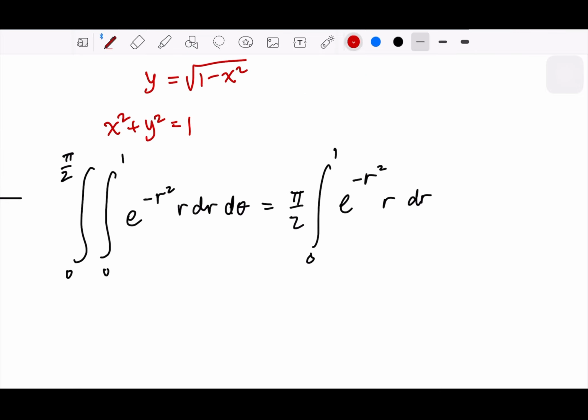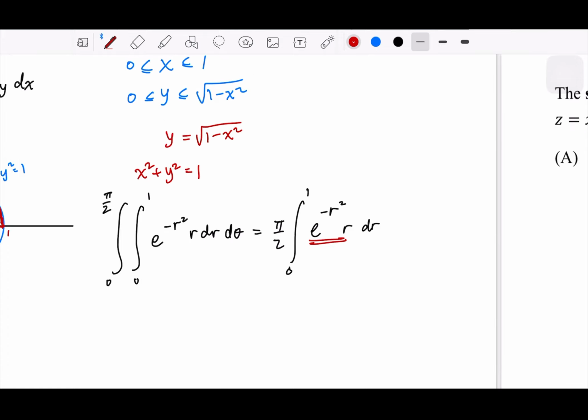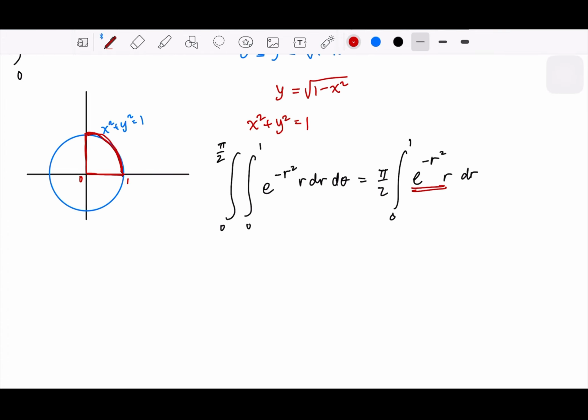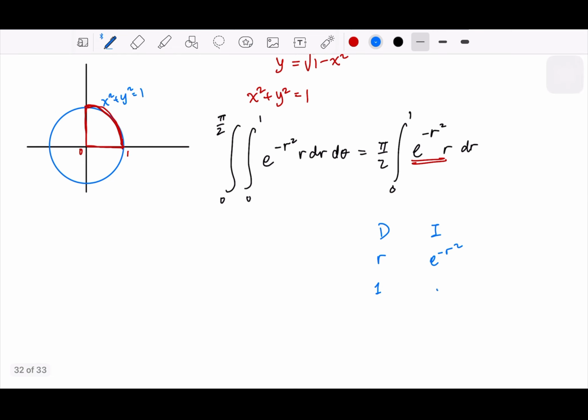And for this r e, if you want to use partials, I think we could do that. So you could say that we have the I method. So let's say r, and then this is e, and this is not minus, sorry, it should be 1, and this will be e to the minus r squared over 2.